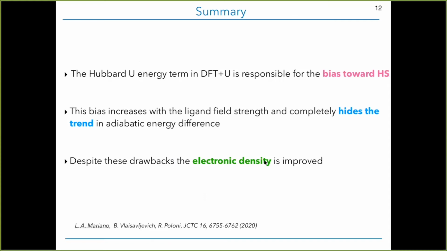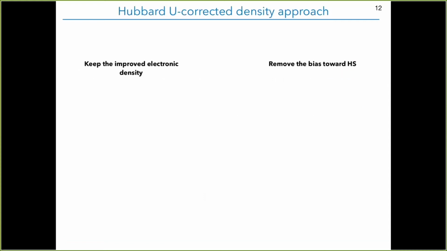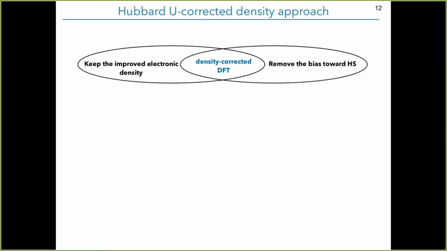So the idea is to merge these ideas and try to develop an approach that can help us keep the improved electronic density obtained with the DFT plus U method, while at the same time removing the bias toward the spin. This in a density-corrected DFT scheme.